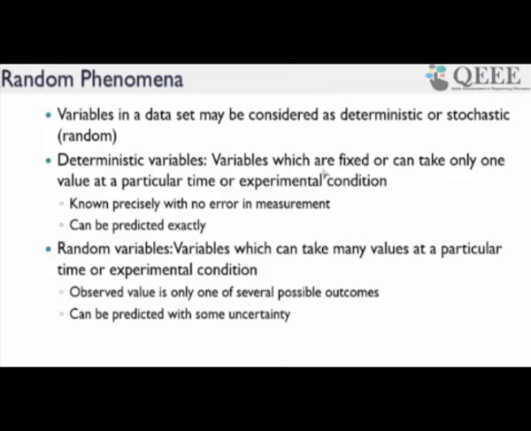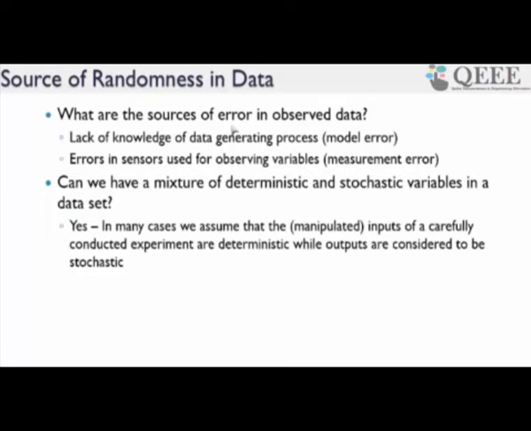And this is a very important concept that one needs to handle in data science, because randomness, things that we cannot exactly predict, are all around us in terms of phenomena. So if you think about the sources of randomness in data, there could be two sources.